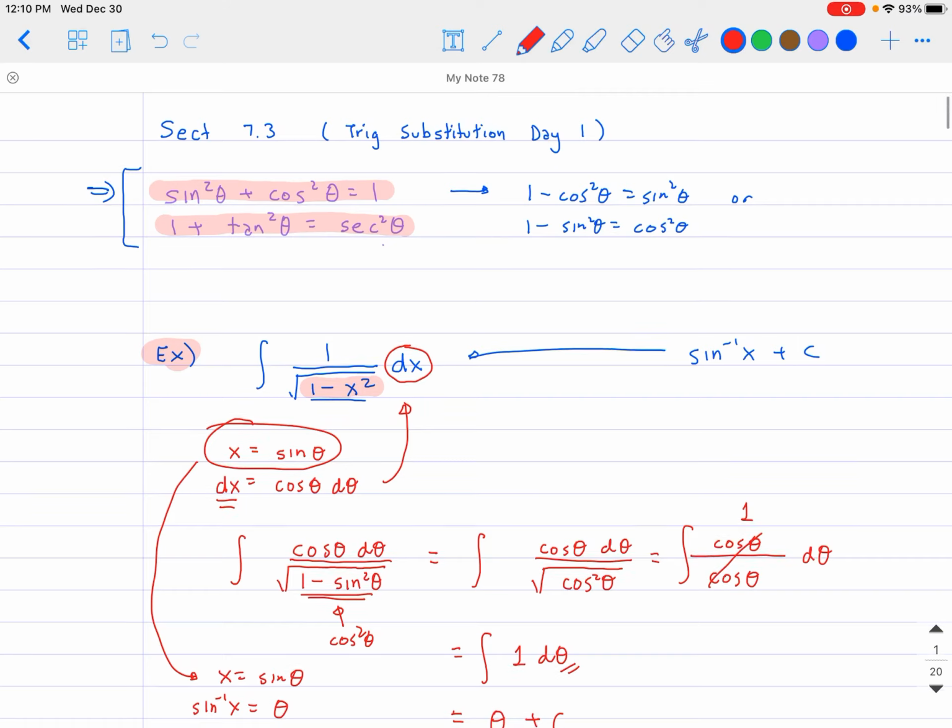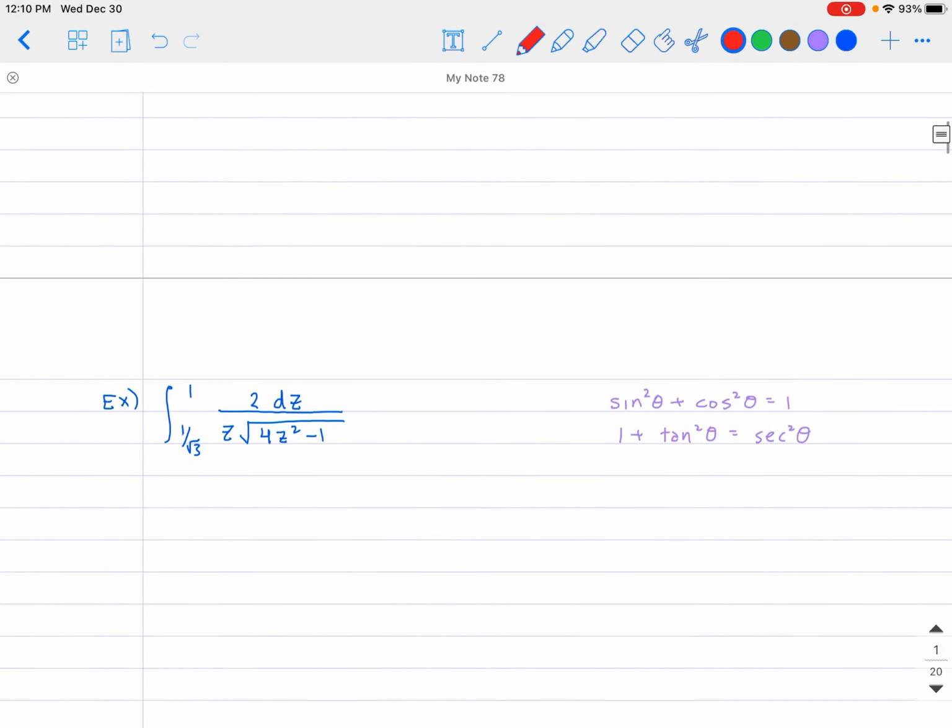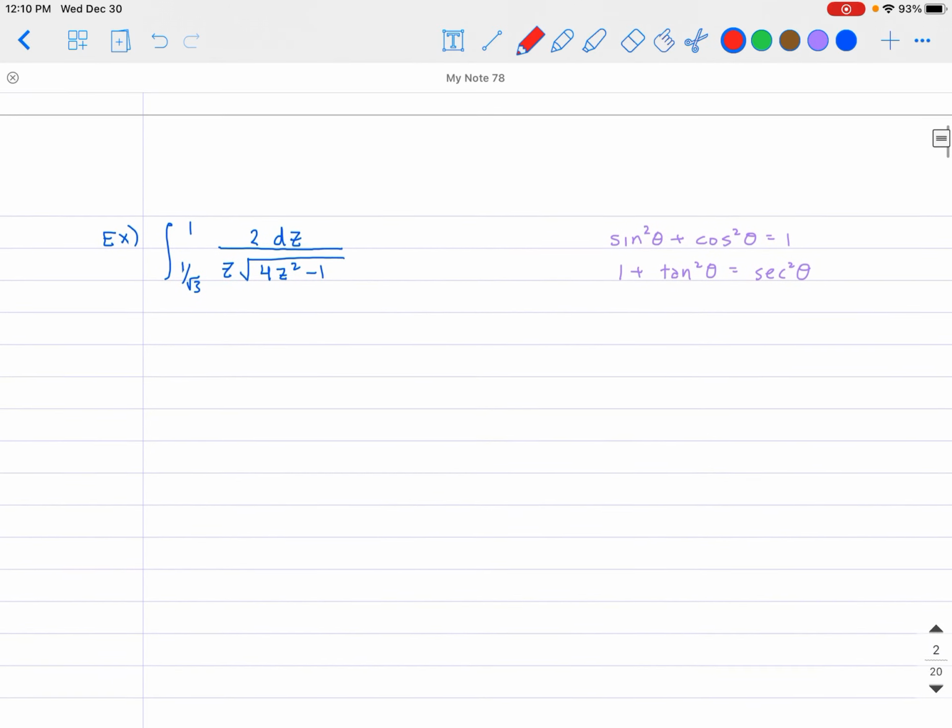All right, now let's go ahead and look into something a little bit more complex and see how that works out over here, okay? So this time we have the integral from 1 over root 3 to 1 of 2 dz, all divided by z times the square root of 4z squared minus 1.